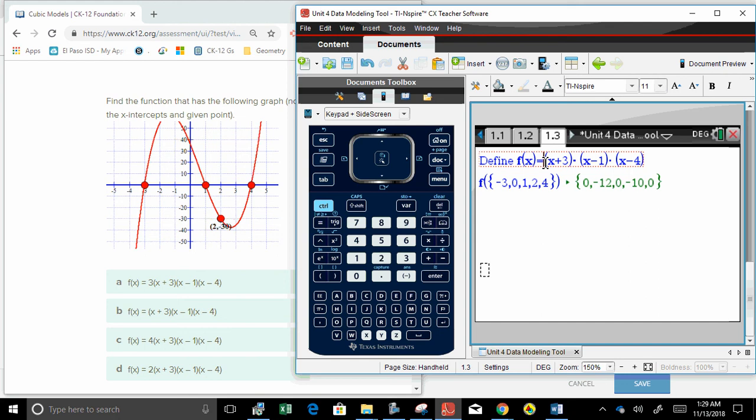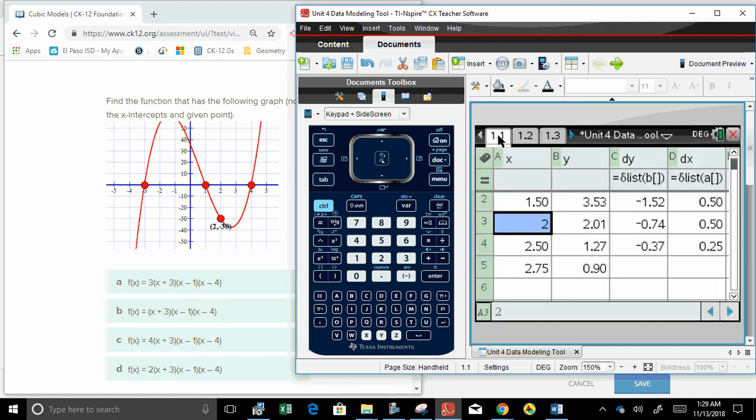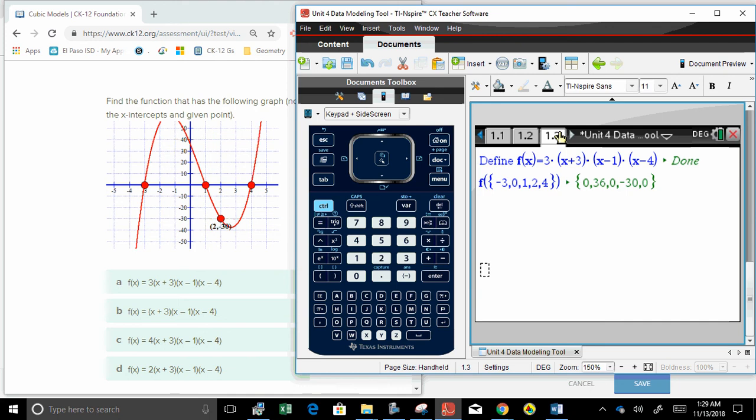It's supposed to be at 30, so I multiply it by 3. This ends up being 36, which matches here. And at 0, anything times 0 is 0, negative 30 is there. So that seems to work just fine. So that's my model. Actually, I don't even have to check that.